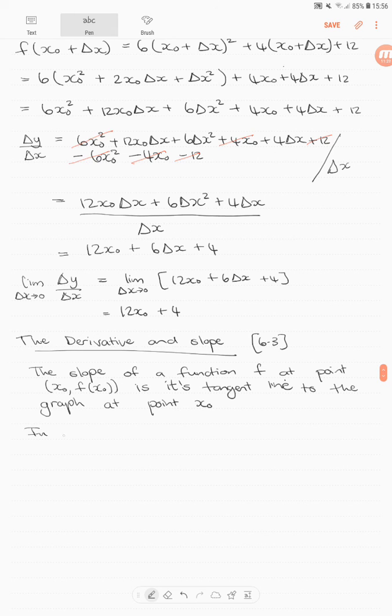In economics, this is often the marginal function of productivity, or the marginal cost function, for example.